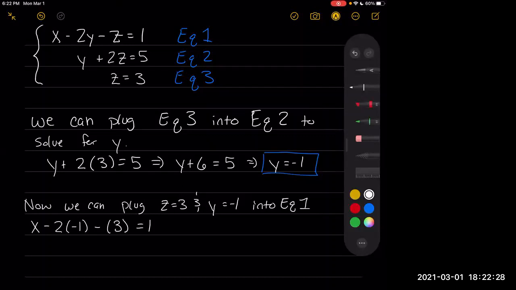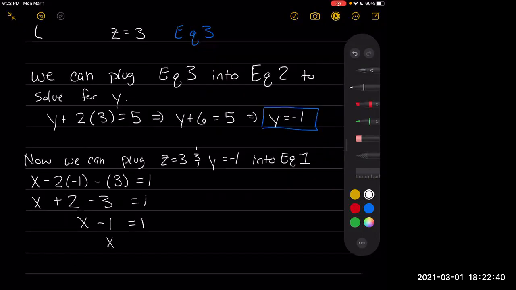Well, this is x plus 2 minus 3 equals 1. So x minus 1 equals 1. Therefore, x equals 2. So now we've solved our system.